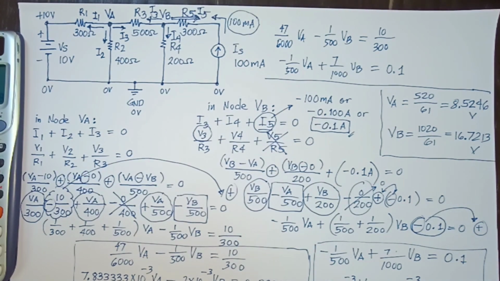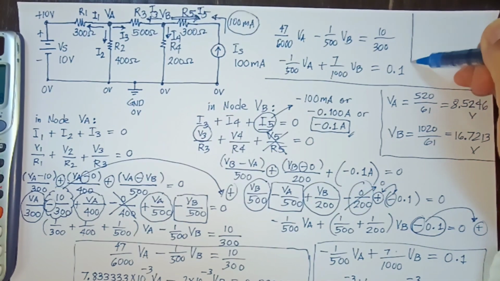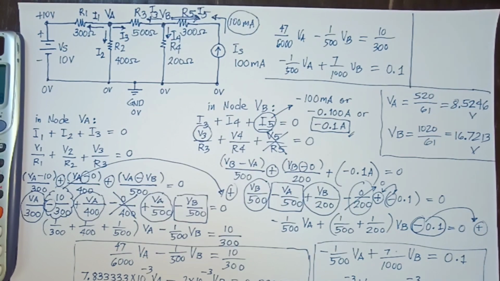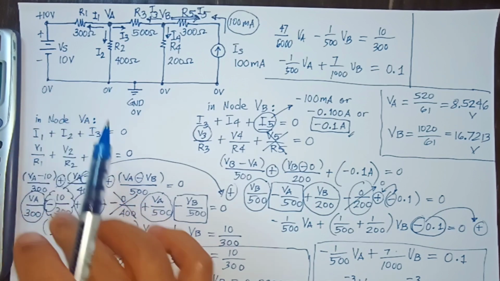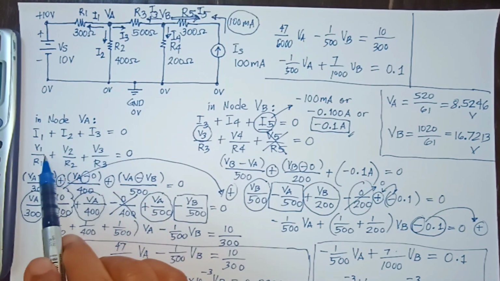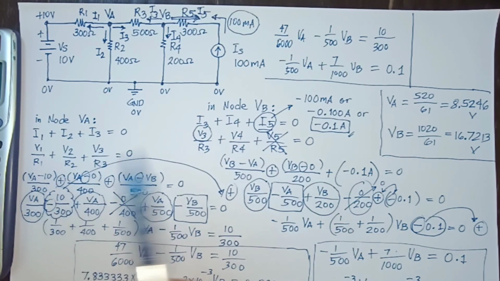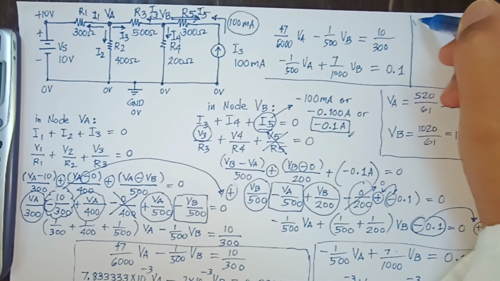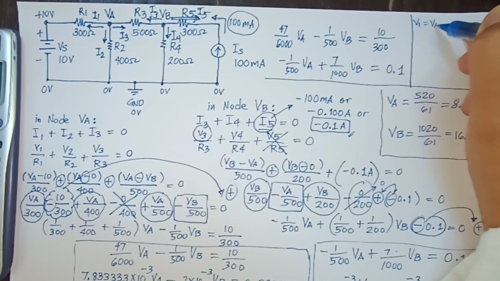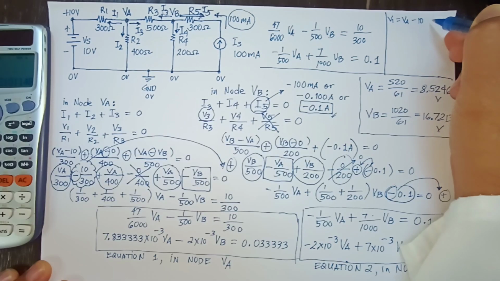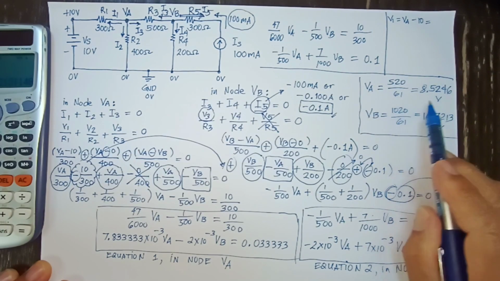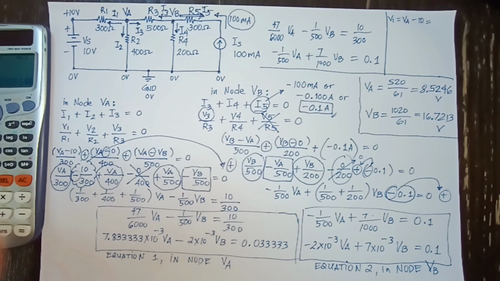And from there, let's go back to our equations where we say that V1 is equal to VA minus 10, or we have to write all the values of V1, V2, V3, V4, and V5. As you can see here, V1 equals VA minus 10. So we will subtract the value of VA that we got, which is 8.5246 minus 10, and we will get the value of V1.